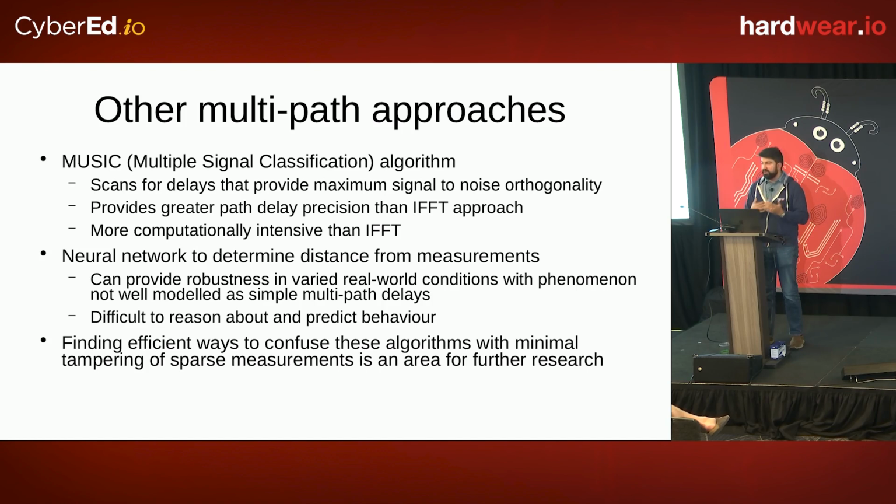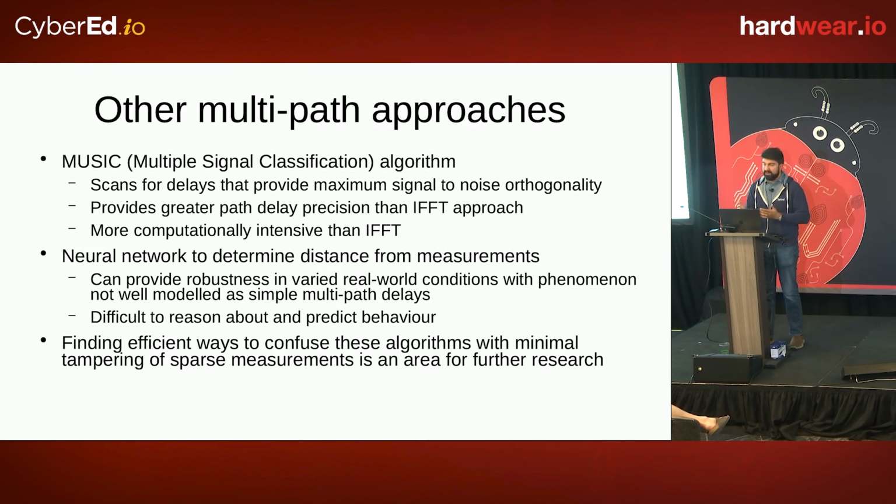There's also another approach that's used by some vendors, which is using neural networks to process the data, because in the real world, there are all sorts of strange phenomena that are hard to model, and just modeling everything as just multipath delays with a different amplitude and different delay is often not enough to model real-life situations.